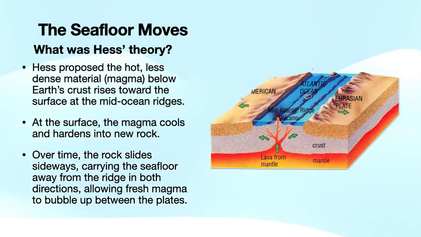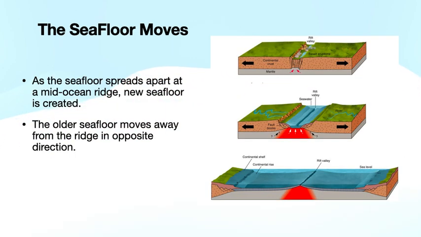At the surface, the magma cools and hardens into new rock. Over time, that rock slides sideways, carrying the seafloor away from the ridge in both directions, allowing fresh magma to bubble up between the plates and create new plate. So, as the seafloor spreads apart at the mid-ocean ridge, new seafloor is created, and the old seafloor moves away from the ridge in opposite directions. So, it's spreading, right?